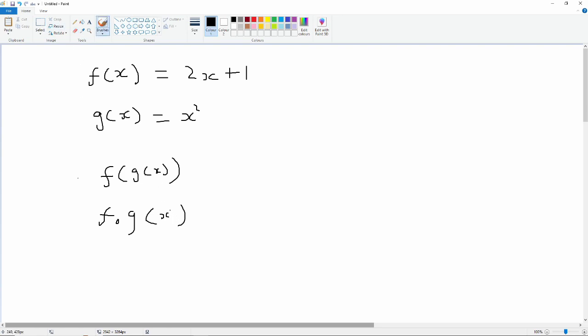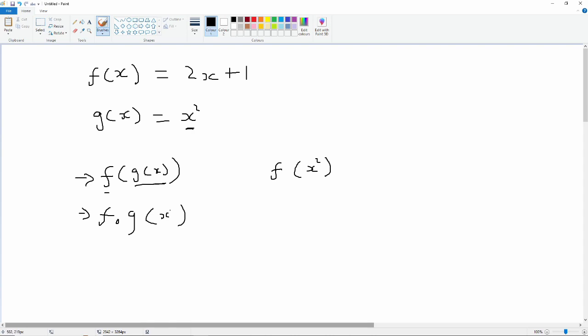So we take the g of x as the input for the function f of x. So g of x is equal to x squared. So f of g of x is equal to f of x squared.